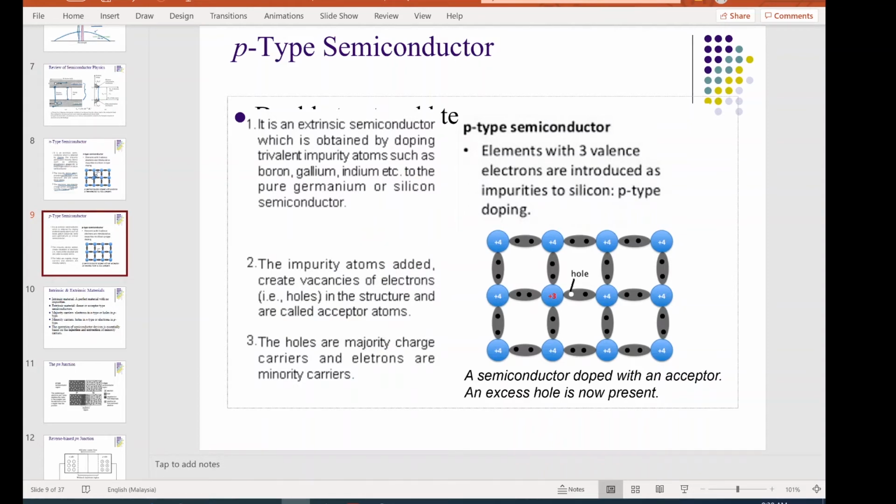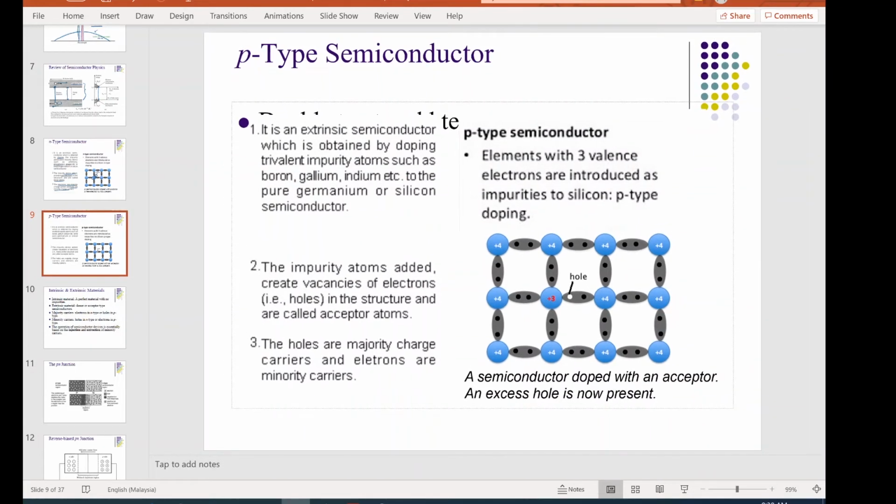For p-type semiconductor, it is the opposite. We dope the semiconductor with boron, or other material as well that has fewer electrons.